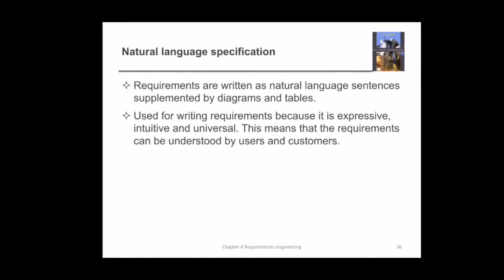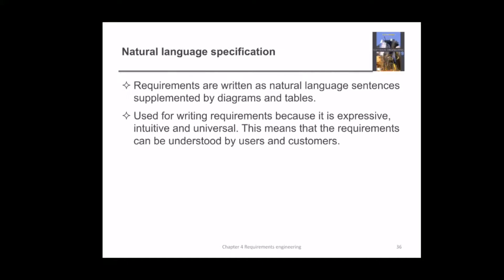As we have seen, there are various ways of writing the specification. One method is natural language specification. Requirements are written as natural language sentences supplemented by diagrams and tables. You can make use of diagrams and tables, but the main thing is a sentence is used for writing the requirement, because it is expressive, intuitive and universal, right?